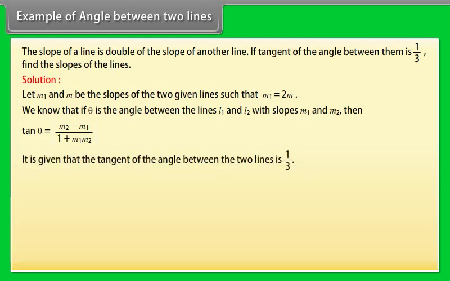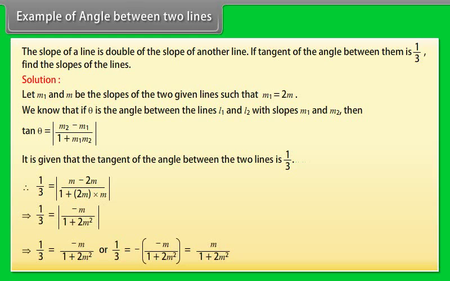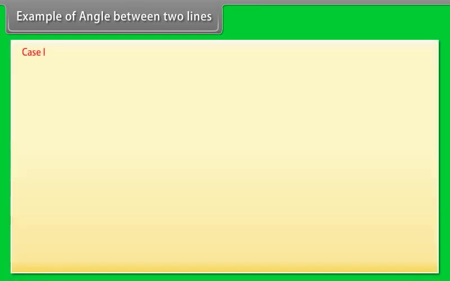It is given that the tangent of the angle between the two lines is 1/3. Therefore, 1/3 is equal to modulus of (m minus 2m) divided by (1 plus 2m into m). On solving, we get modulus of m divided by (1 plus 2m squared). Case 1. 1/3 is equal to minus m divided by (1 plus 2m squared).